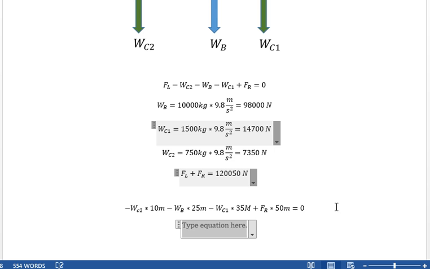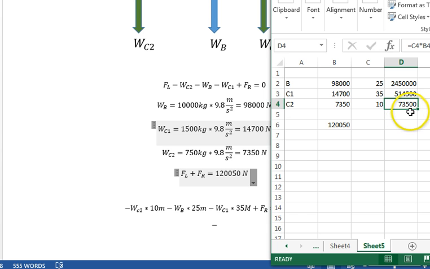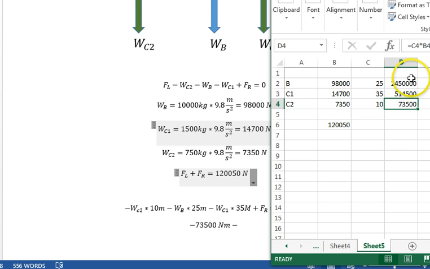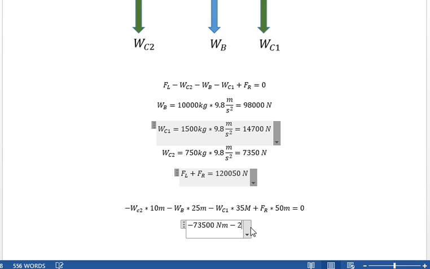Minus the torque due to car 2, 73,500 newton meters. Minus the torque due to the bridge itself, 2,450,000 newton meters.